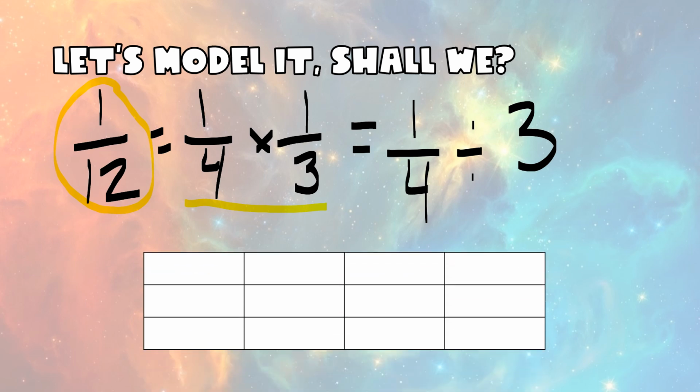So I made a model that has an area of 12. If you remember the steps from multiplying fractions, you need to assign colors in order to shade. So I'm going to assign 1/4 purple, and I'm going to assign 1/3 green.